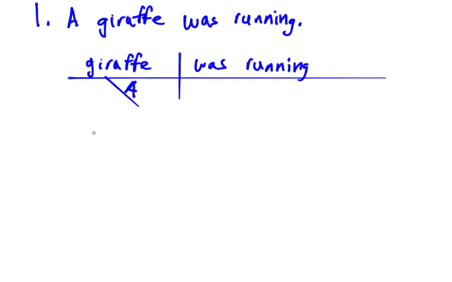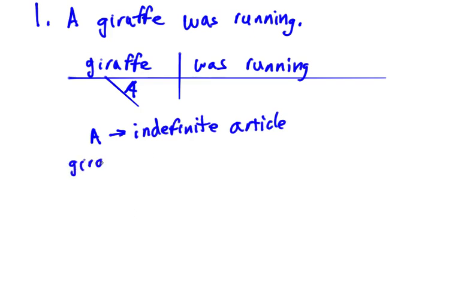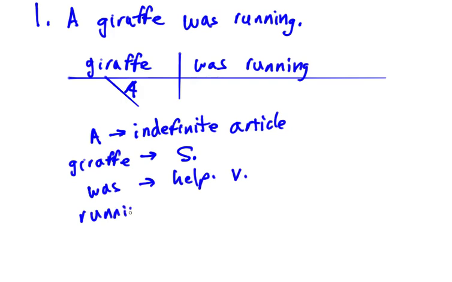Okay, so what about our legend? So we have a, which is the indefinite article. We have giraffe, which is our subject. Was, helping verb. And running, that's our intransitive verb.